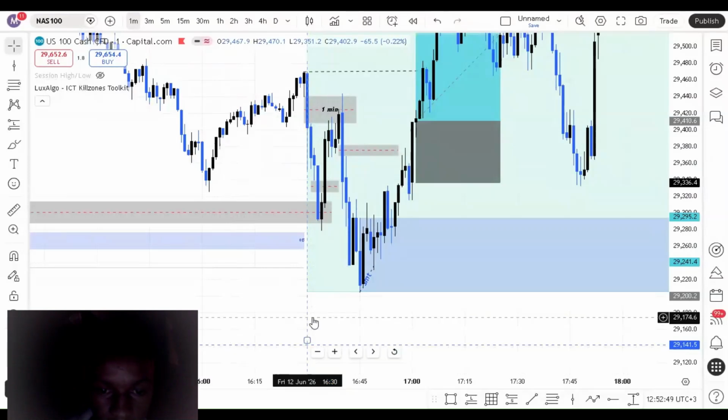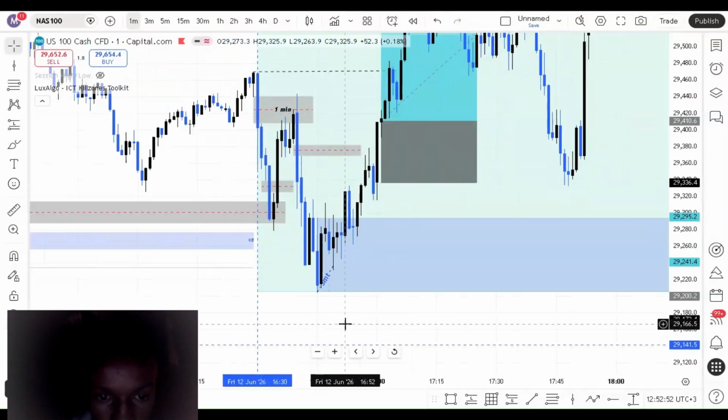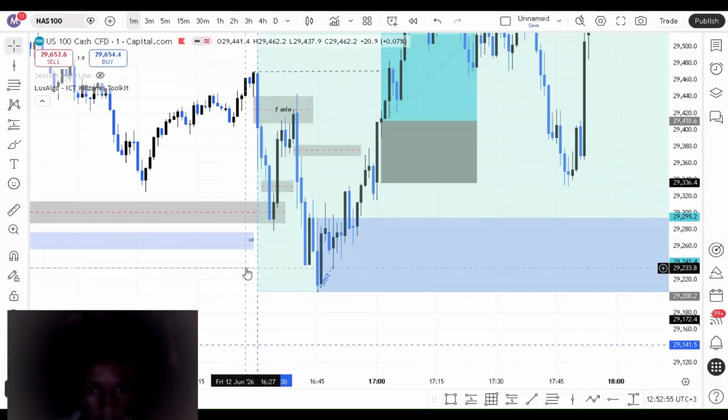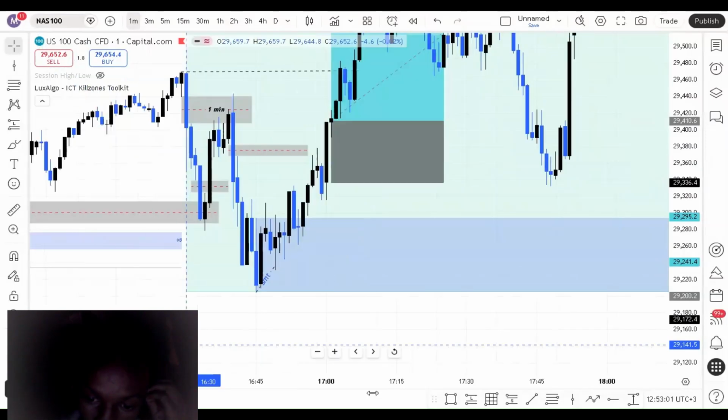So I waited for the market to sweep the London lows here. After it swept, it created an SMT, where some guys used that SMT to find their entry, not the SMT, the equilibrium which I had.